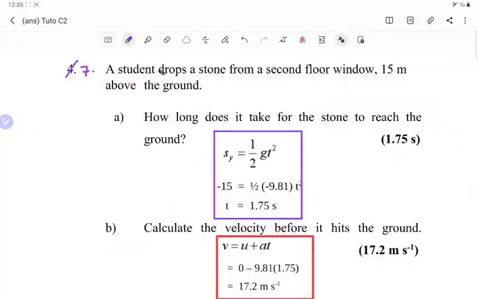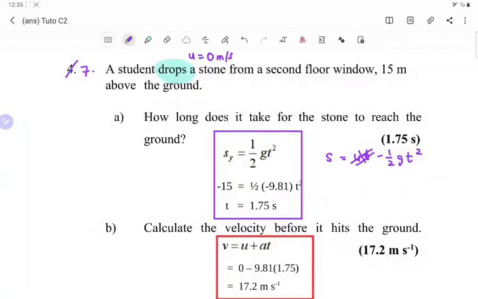Okay, number 7, a student drops a stone from a second floor window 15 meters above the ground. How long does it take for the stone to reach the ground? Okay, so the keyword here is drops. So when an object is being dropped, the initial velocity is equals to 0. Okay, tiada hal laju pada initial point. Okay, so from our equation, S equals to UT minus half GT squared, this one can be cancelled out.